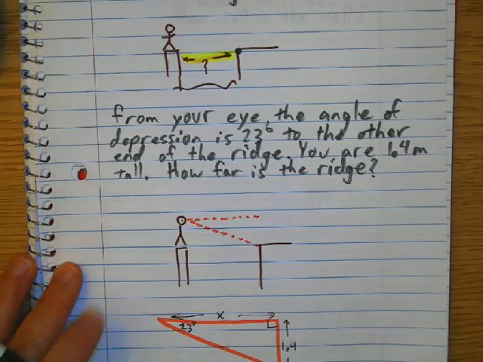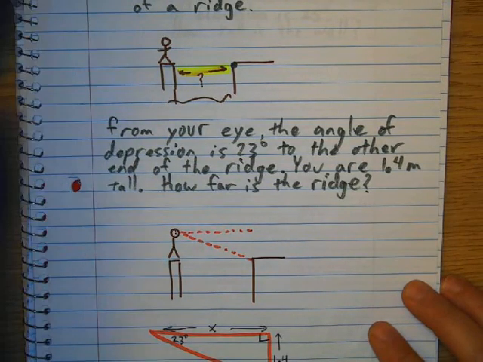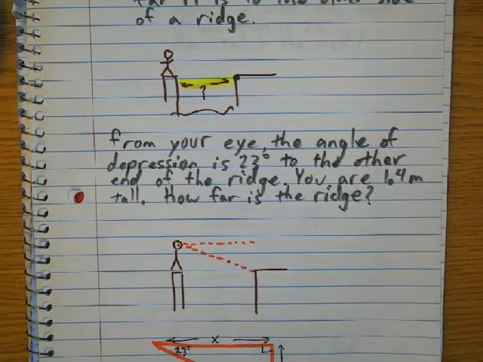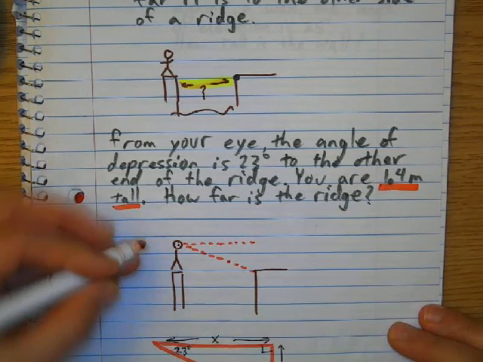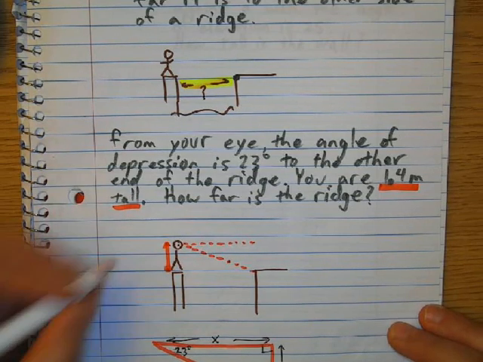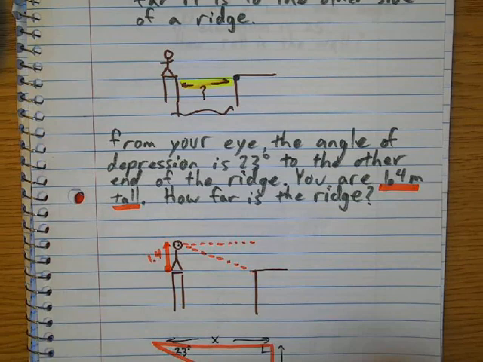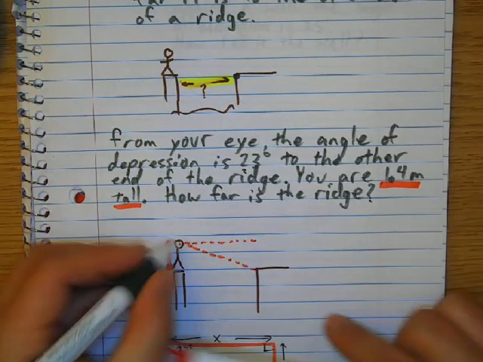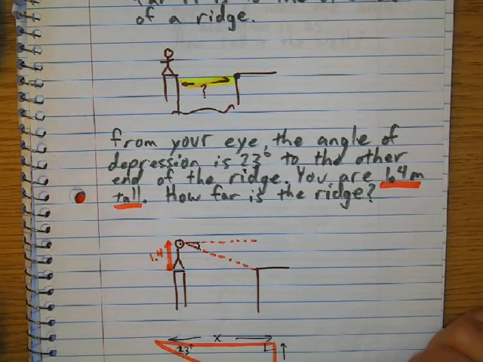So what they've told you is that you're 1.4 meters tall, so the length from here to here is 1.4. And they've said the angle of depression, this angle right here, is 23 degrees.